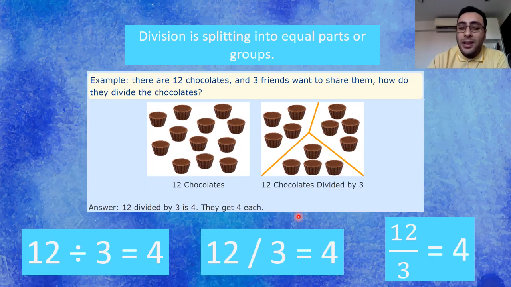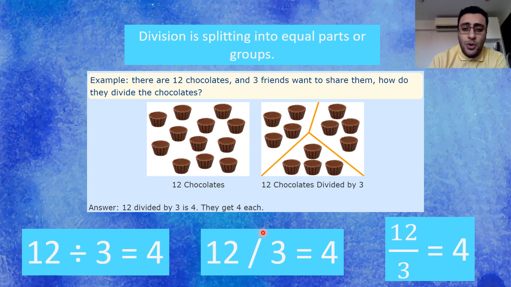Now, let me write this down in math language. 12 divided by 3 equals 4. Repeat after me, okay? 12 divided by 3 equals 4.